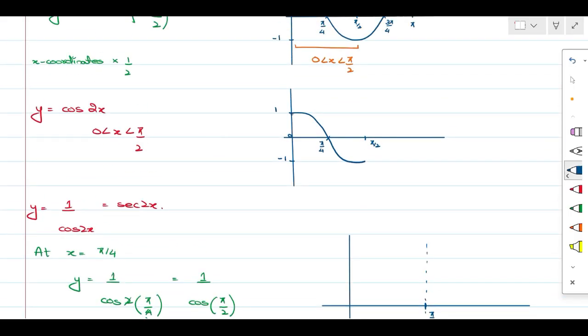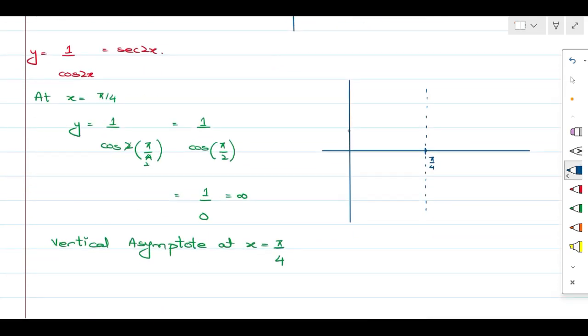Okay, now you can see at x equals 0, its value is 1 and 1 is the maximum point. Now when you do the reciprocal, 1 is going to be the minimum point. If you have 1 here and you have minus 1 over here, so 1 is the minimum point. This is how your graph looks like.